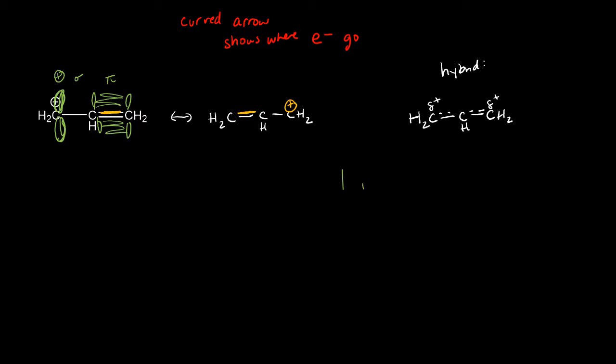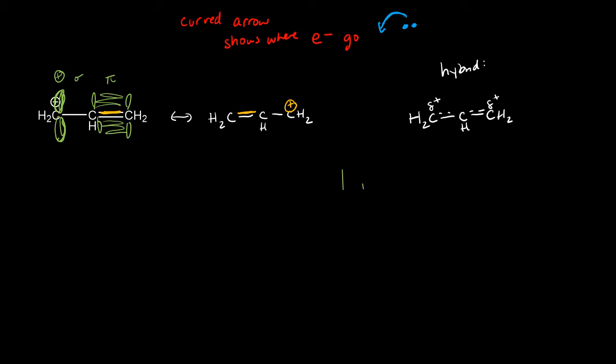All right, that red is not showing up too well. So we'll do blue. Okay, so what's going to happen is we'll have some electrons, lone pair, pi bond, and our arrow will start there. Okay, and then the head of the arrow is going to show those electrons are flowing into a new position.